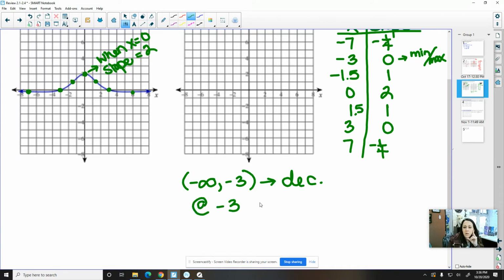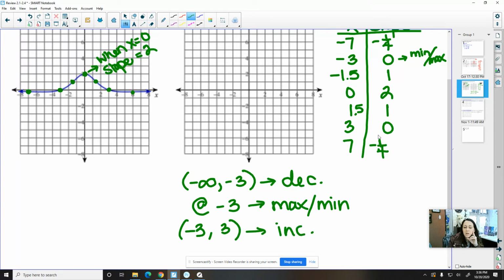At -3, we have a max or a min because the slope is 0.